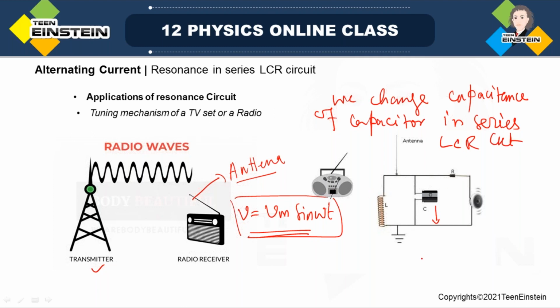When we change the C, the resonance frequency of this circuit changes, because we know it is one over root over LC. So this changes.